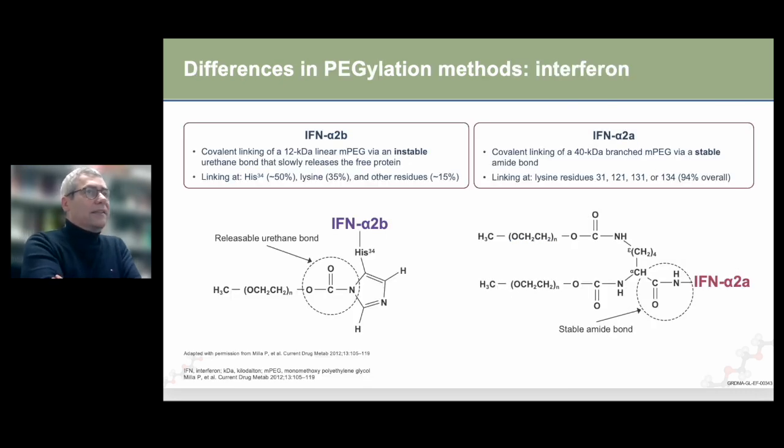So in this slide, I will show you the example of interferon that I mentioned before. This is very interesting because there are two different strategies to obtain derivatives with a very high therapeutic activity: interferon alpha 2b and interferon alpha 2a.